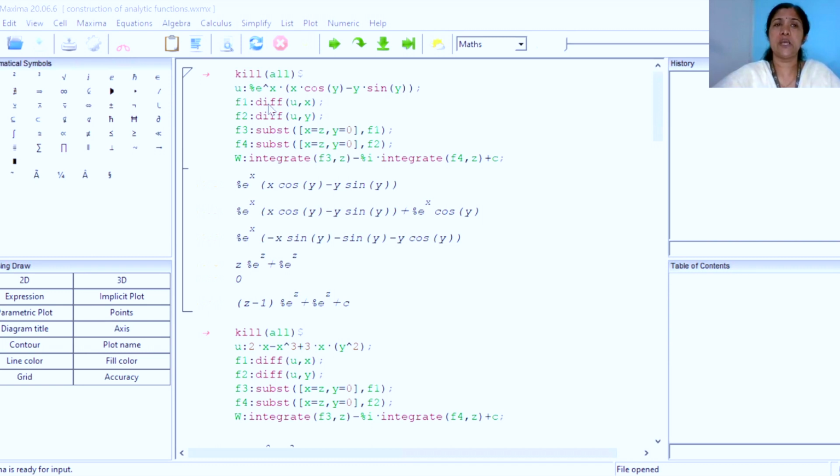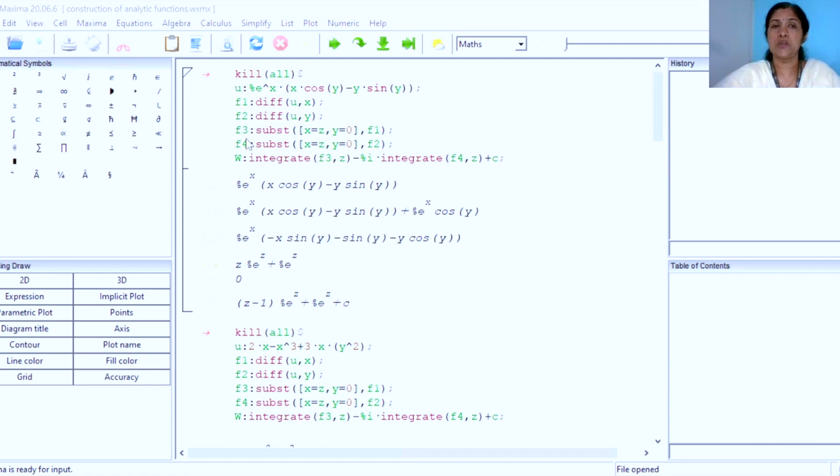Then we differentiate u with respect to x and we store it in F1. Then we differentiate u, the same function given, with respect to y. All this differentiation is partial differentiation. We partially differentiate u with respect to y and store it in F2.